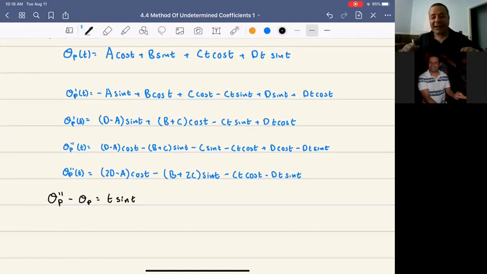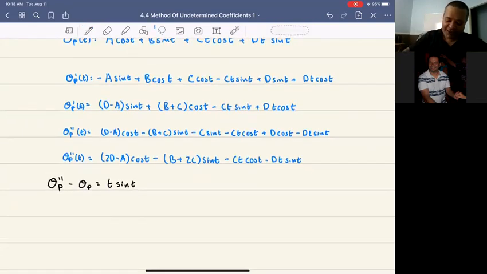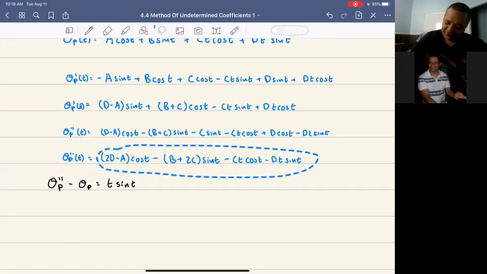And this is where I'm absolutely thrilled that I have this, because I can go copy, that's theta p double prime.